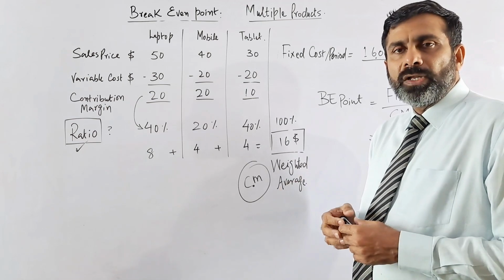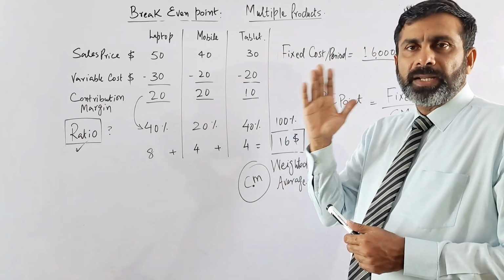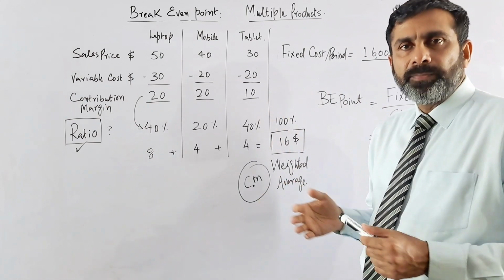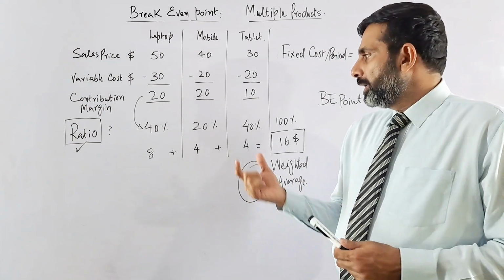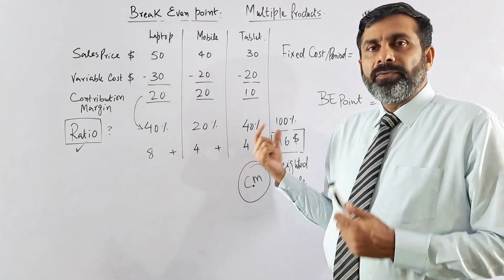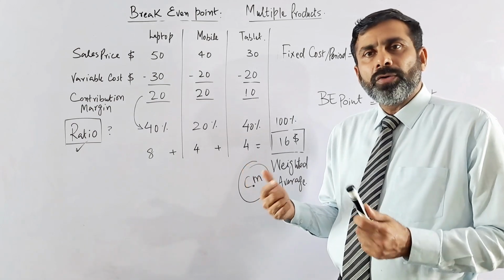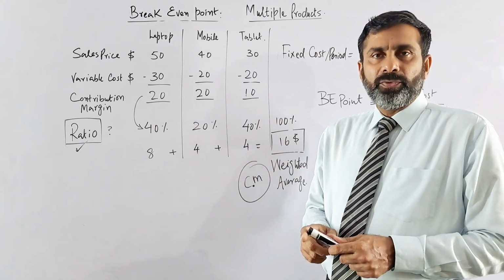So what is the basic formula for the break-even point? We have the fixed cost divided by sale price minus variable cost, or in simple words, the fixed cost divided by the contribution margin per unit. But here we have more than one product, so we need a weighted average contribution margin.